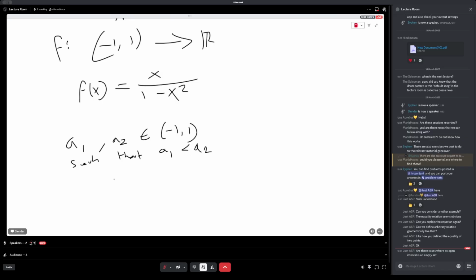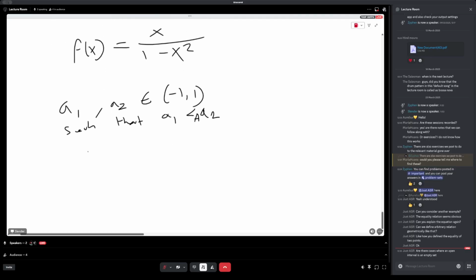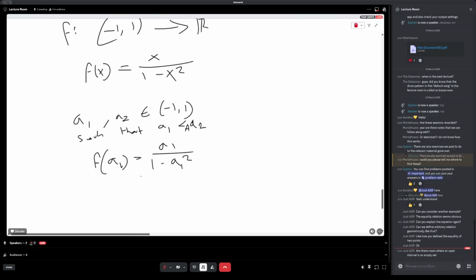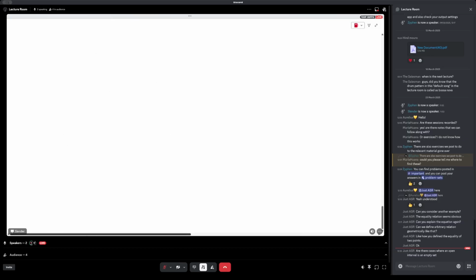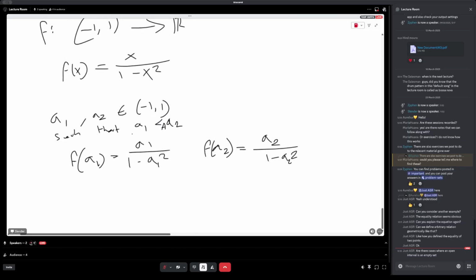Now if we take f of a1, we have a1 over 1 minus a1 squared. And if we take a2, this is a2 over 1 minus a2 squared. So which one is bigger here? Of course, a2 is bigger here.